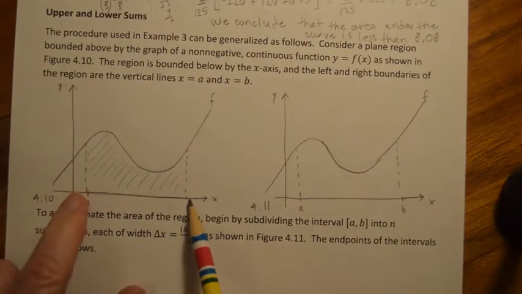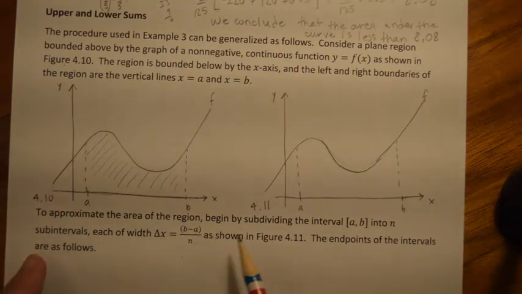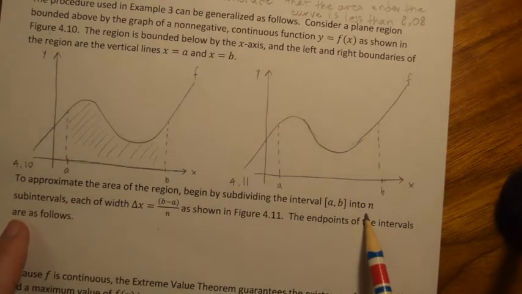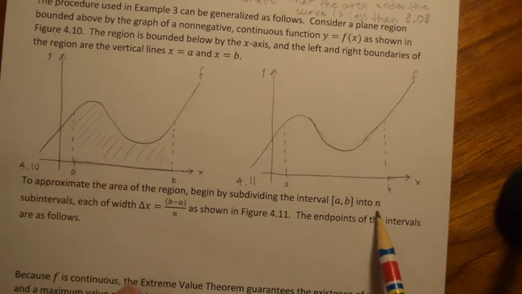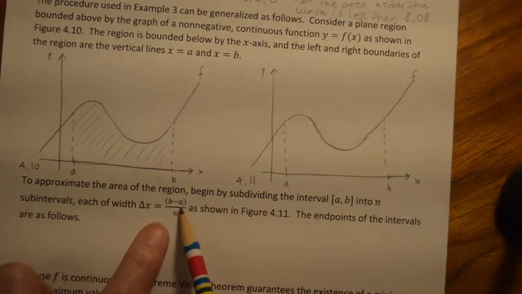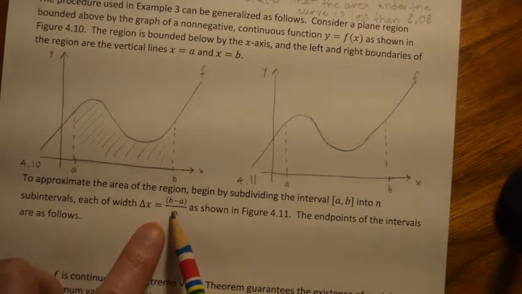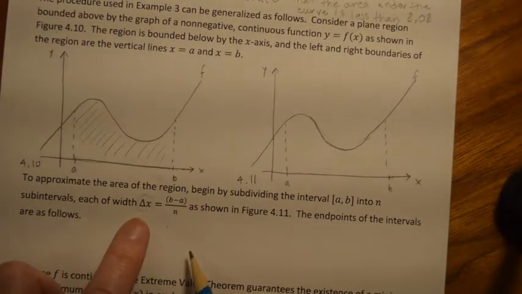So the distance between B and A would be B minus A. And then we're going to cut it into n subintervals. Again, just in general, because we want n to go to infinity so that we get a more accurate idea of what the area, the true area is. And so when we take B minus A and divide it by n, that is going to give us the width of each interval, right? And we're going to call that delta x.